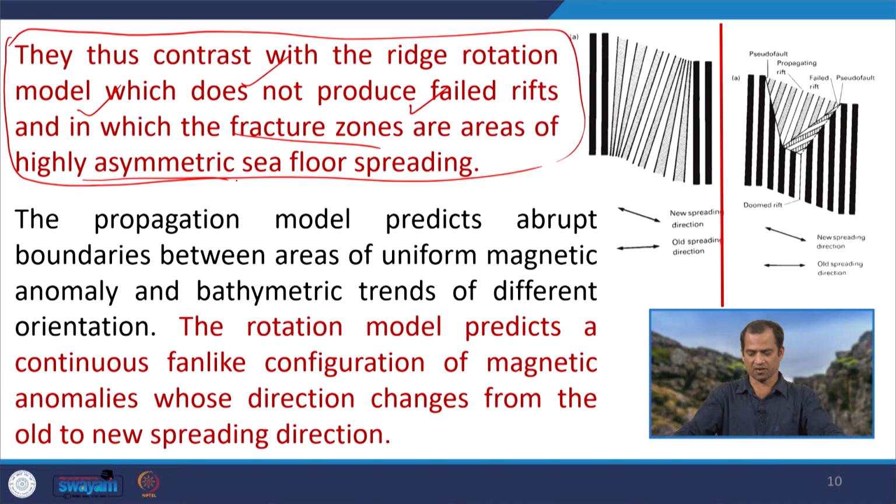The propagation model predicts abrupt boundaries between areas of uniform magnetic anomalies and bathymetric trend of different orientation, and the rotational model predicts a continuous fan-like configuration of magnetic anomalies whose direction changes from the old to new spreading direction. So, these are different observations and different advantages and disadvantages of the propagation model and the rotational model.